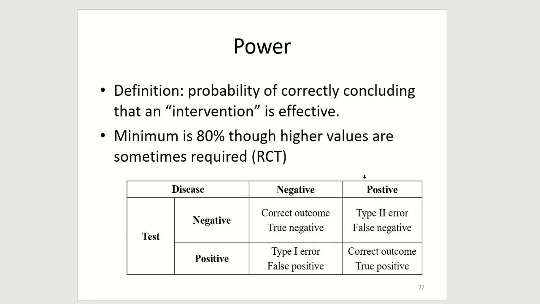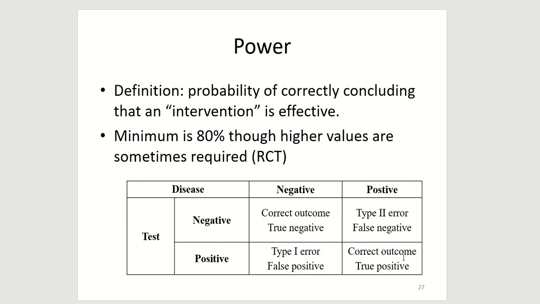Now if a certain person has the disease, so a person has the outcome, and the test comes positive, so the test is able to capture the disease and label it as positive, then this is a true positive. This is what power is in research.